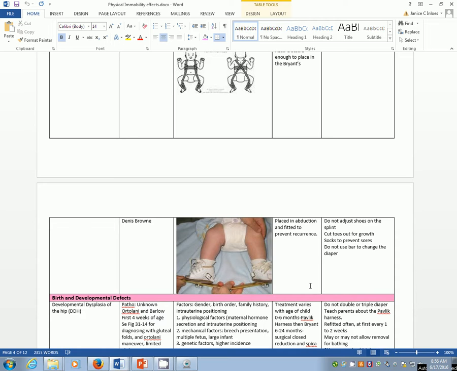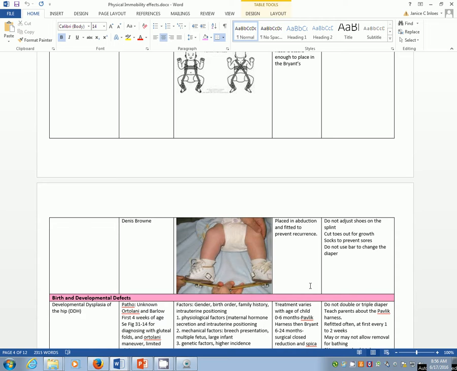Parents can cut the toes out of shoes that are going to be used. The doctor would prefer you cut them out before they change them, but the toes do need to be cut out to provide for the foot to grow.